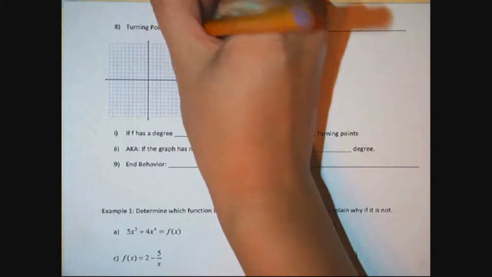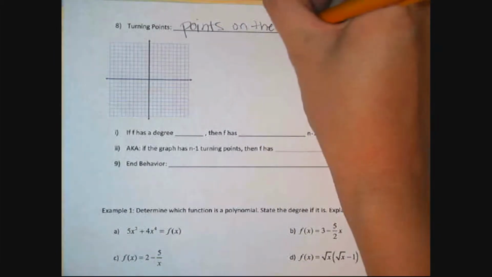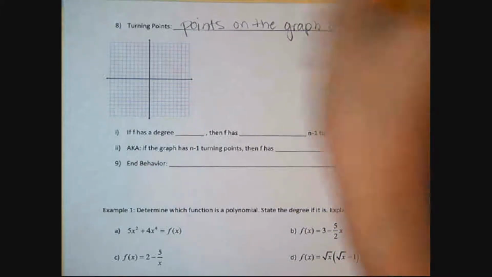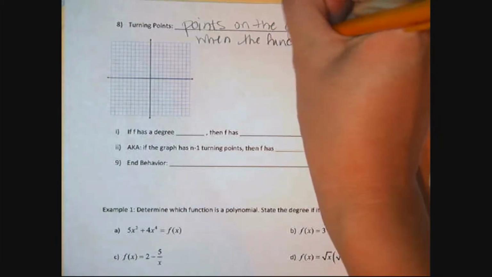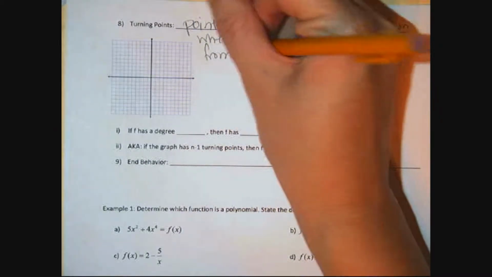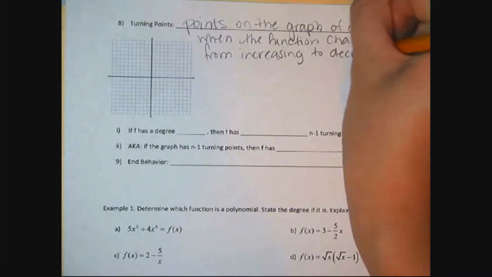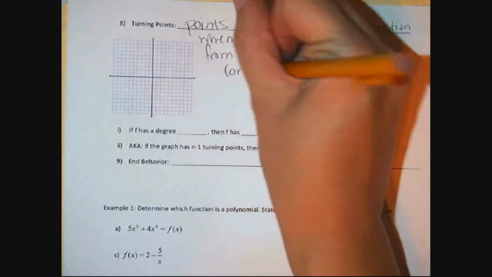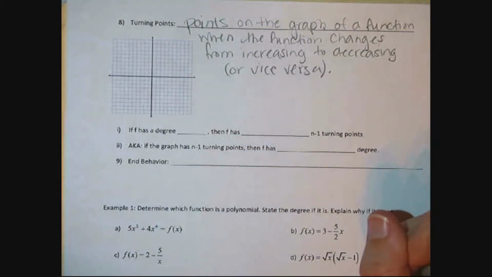Turning points are points on the graph of a function when the function changes from increasing to decreasing, or vice versa, decreasing to increasing.